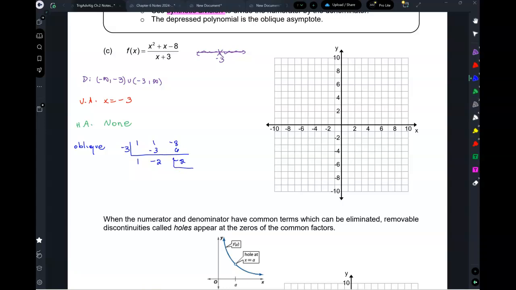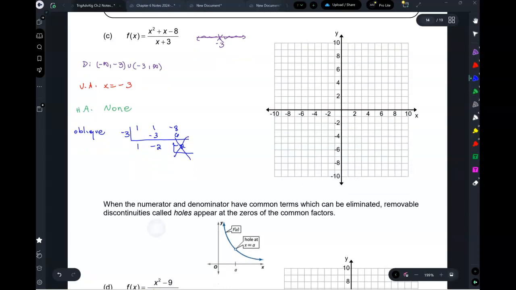That's the remainder. We actually don't care what the remainder is. Throw it away. Now, what do we get here? y equals x minus 2. That's your oblique asymptote. Why is it -2? Because from here, it's 1x minus 2.